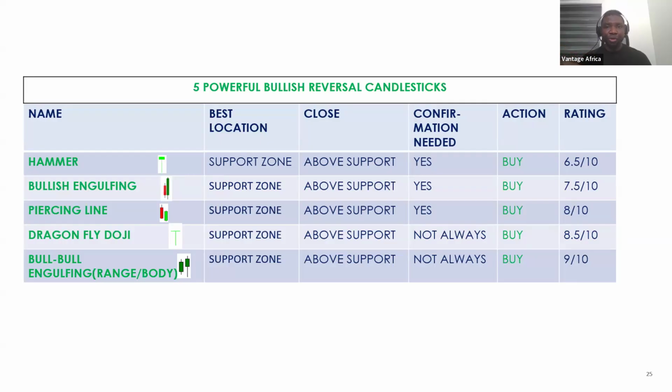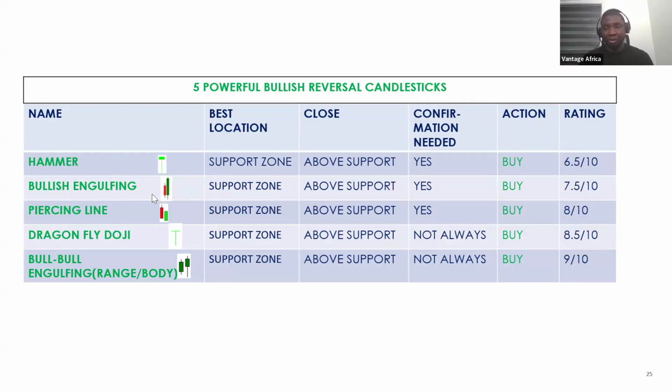But in those areas, there are times when the market tends to trap people. When you have the best signals, the best patterns, you can make a decision on your trades, right? So the first one there is what we call a hammer candle.